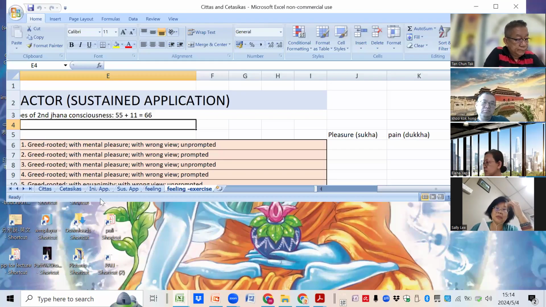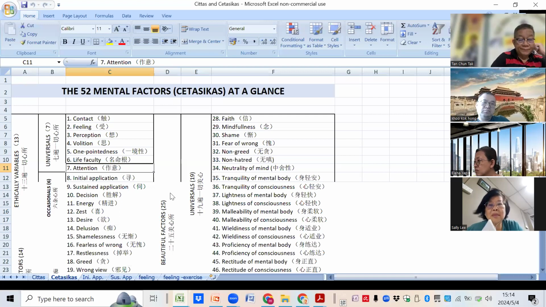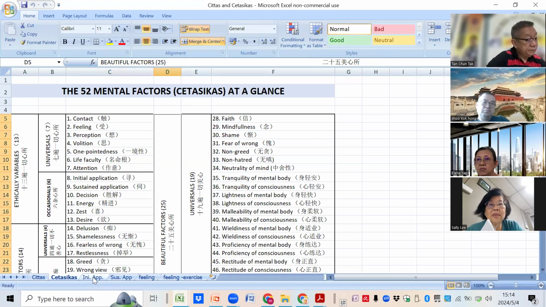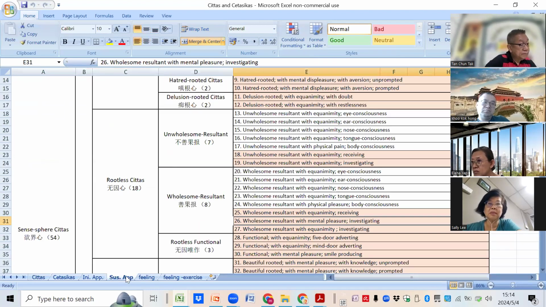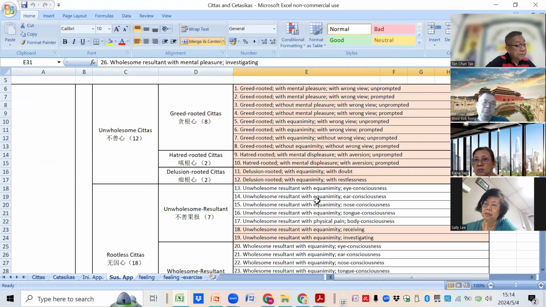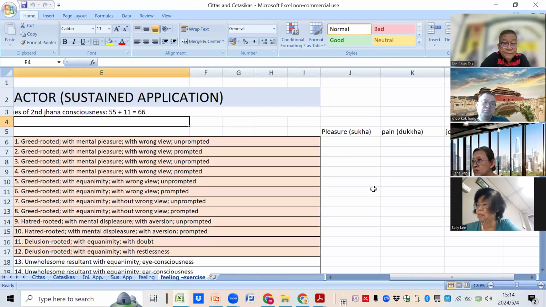Okay, let's see. This is the Cetasika. This is our Citta. The feeling exercise.